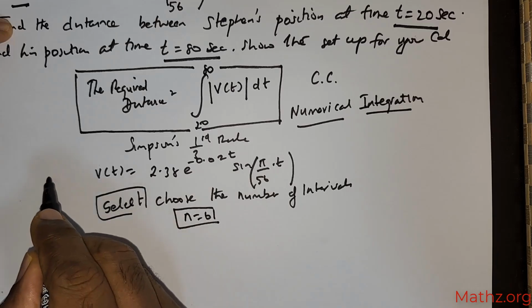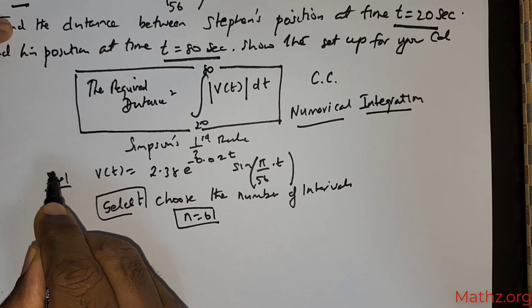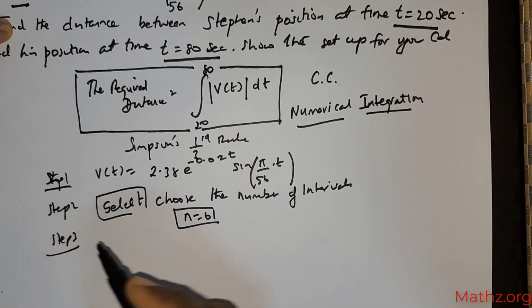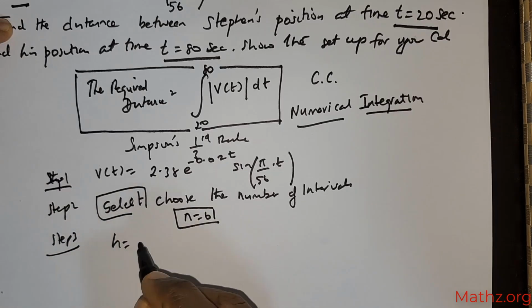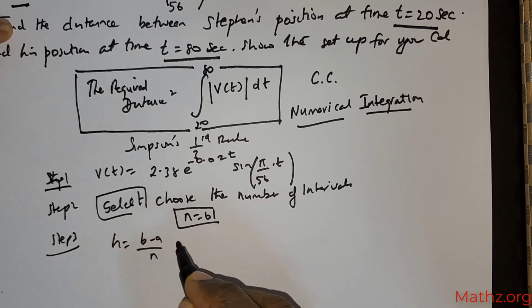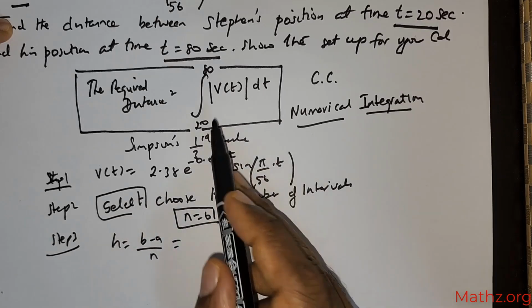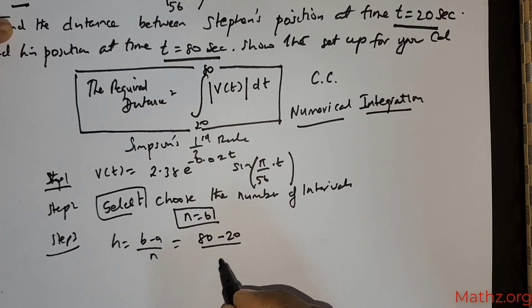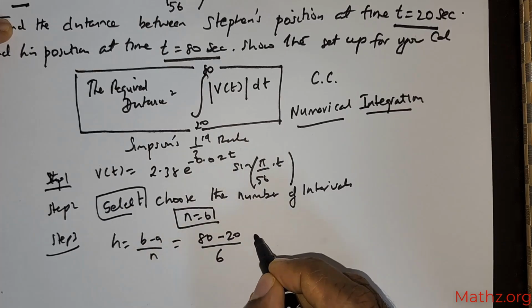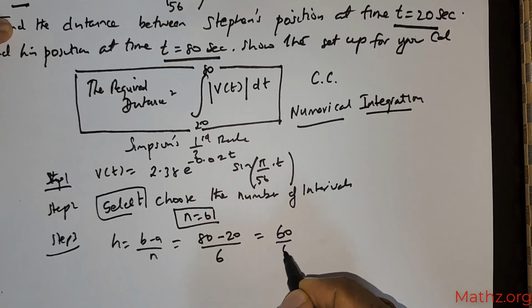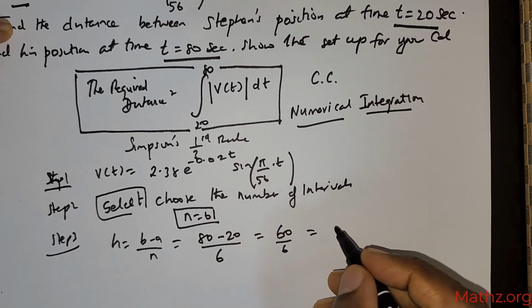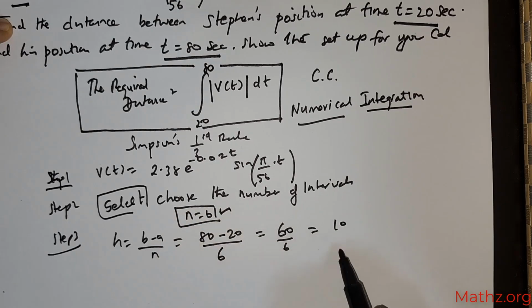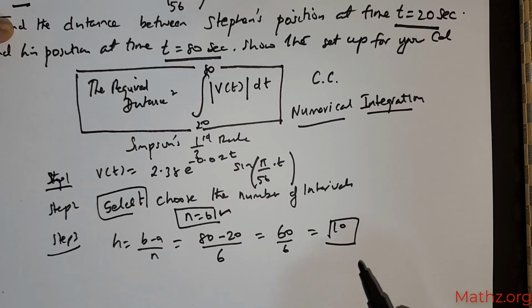Next step, let me write that down: step 1, step 2 and step 3. Step 3, we need to find h. h is b minus a divided by n. My b is the top value, 80, my a is 20, my n is 6. So this is going to be 60 divided by 6, which would give me 10. This is one of the reasons I picked 6, because I'm getting a complete value.